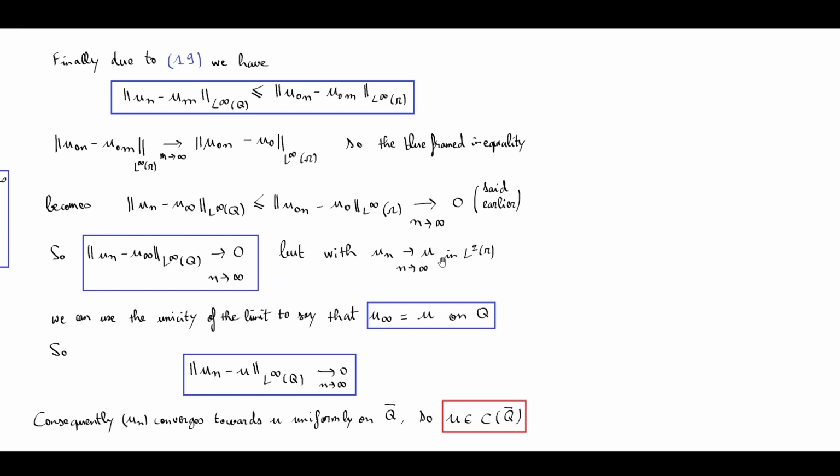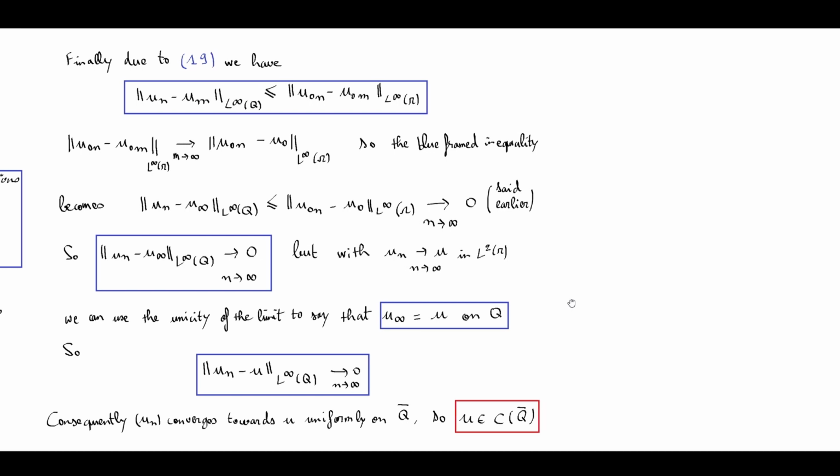But with un converging towards u when n goes to infinity in L2 of omega, we can use the uniqueness of the limit to say that u infinity equals u on Q. So we have that the L infinity norm on Q of un minus u goes to 0 when n tends to infinity.